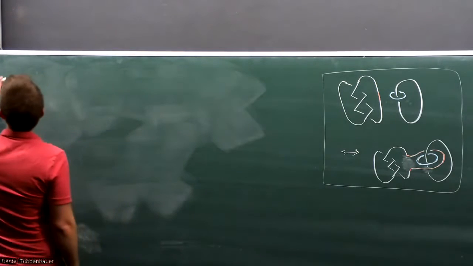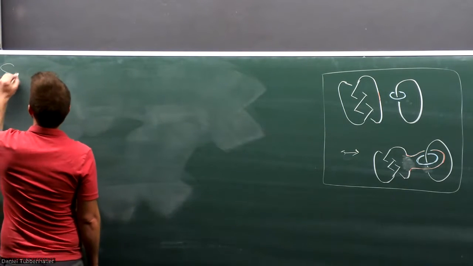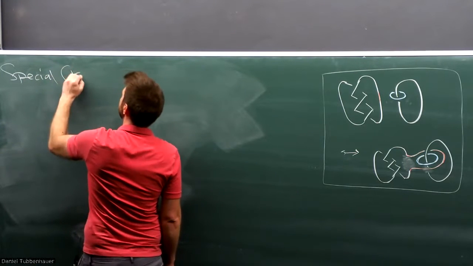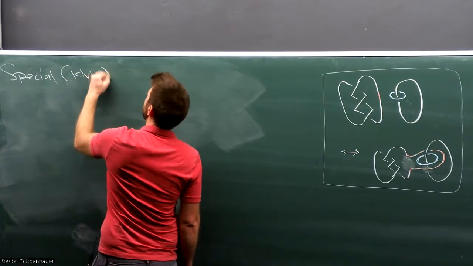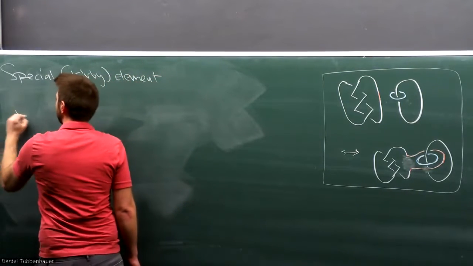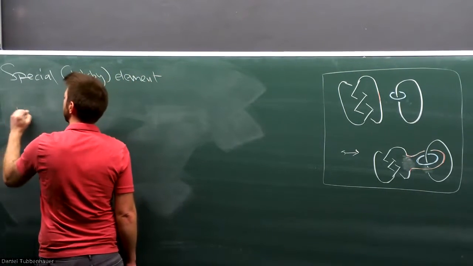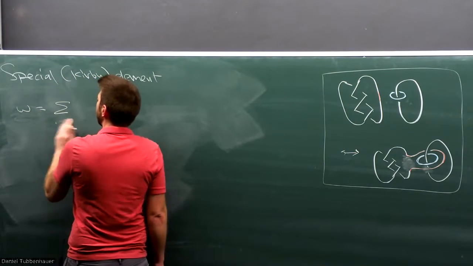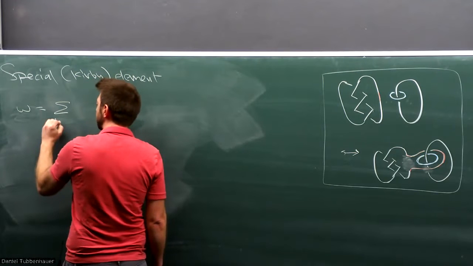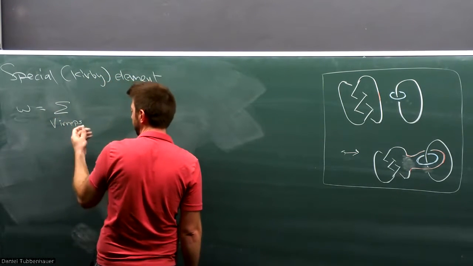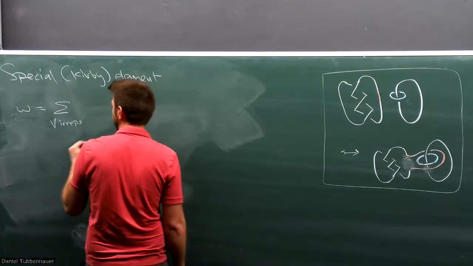So there's a special element, the Kirby element. Call it omega. And this is the sum over all irreducible representations of your group, or your algebra, so SL2 in our case.